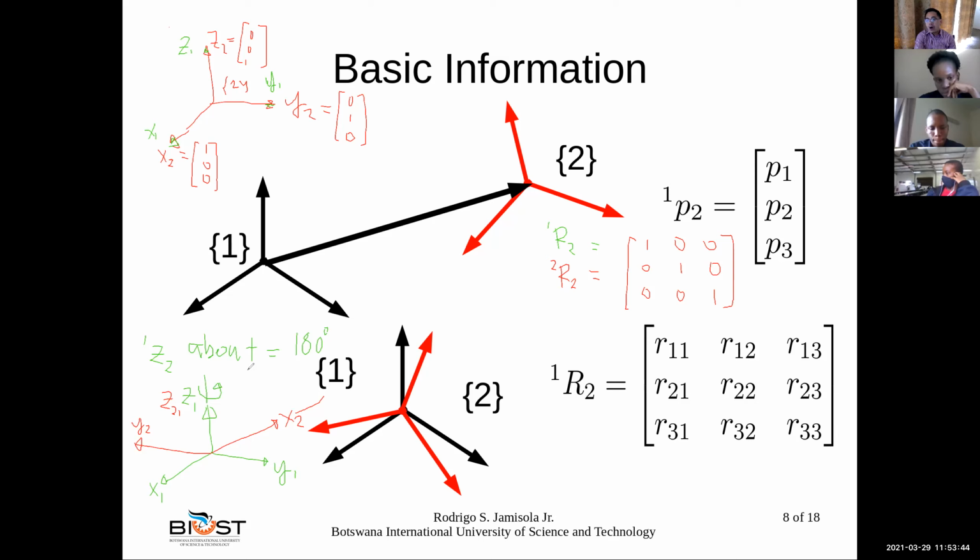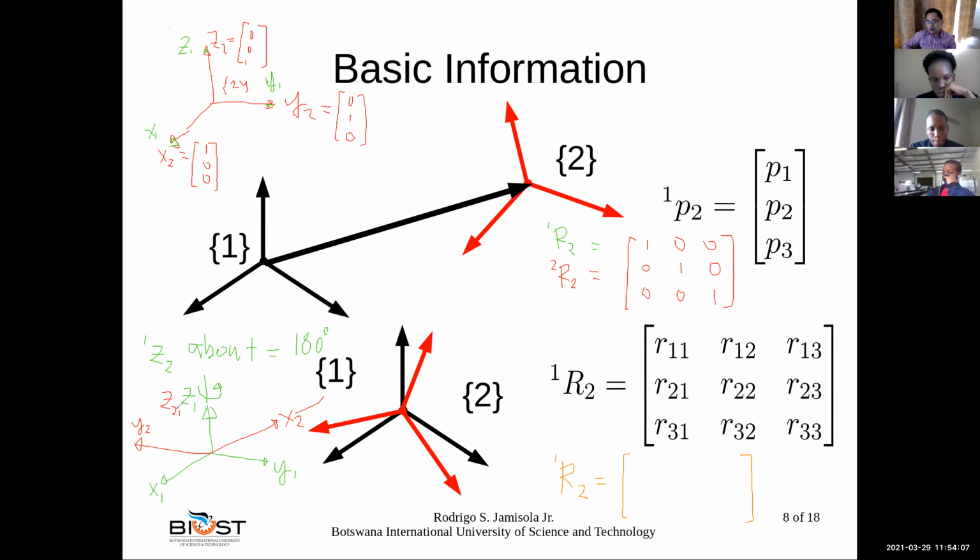So now what is your rotation matrix? 1R2 will be equal to, well, your Z axis remains the same.